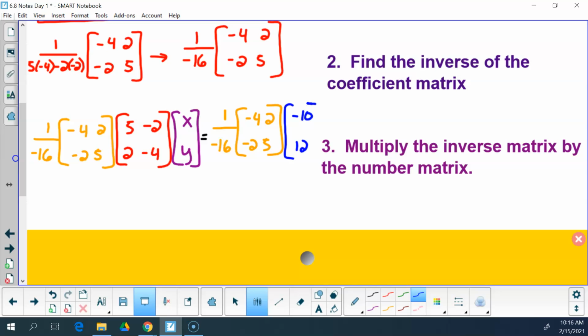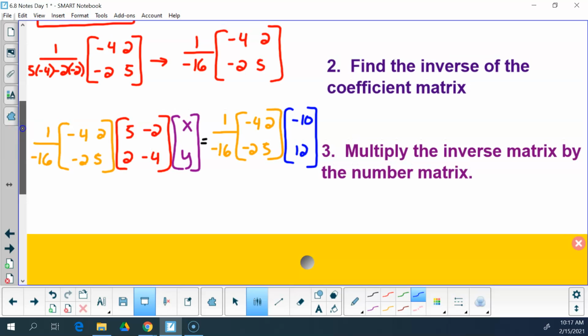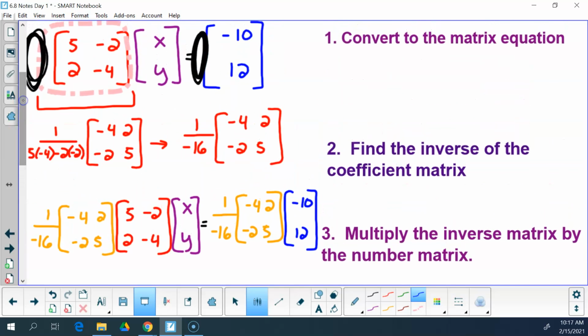Yep. So that's what my equation looks like now. I've added the orange into my original. Let me scroll up a little bit and see if we can see that original yet. There it is. I filled in those black circles with the inverse matrix that we just found.